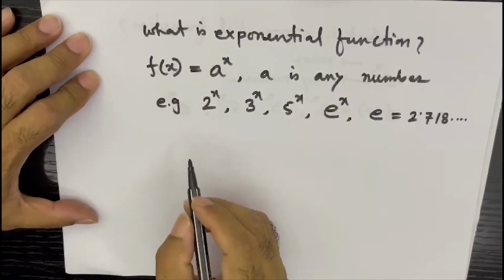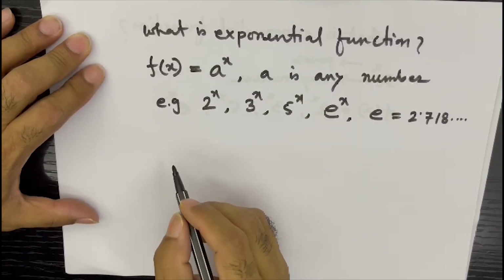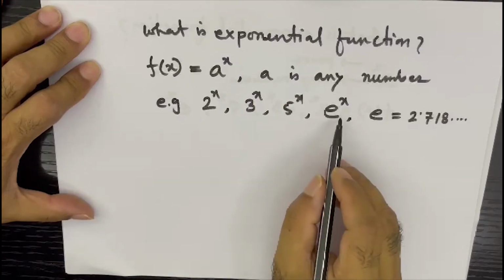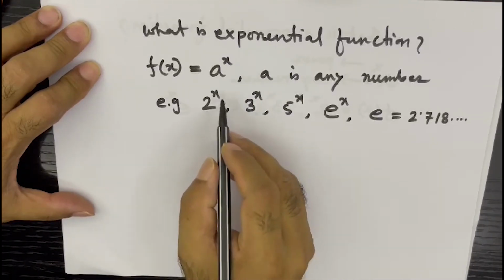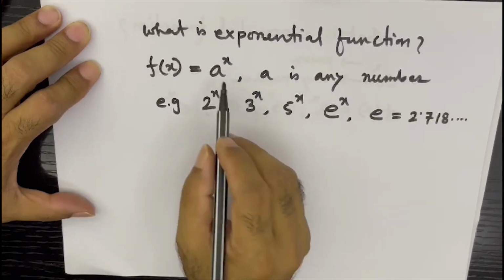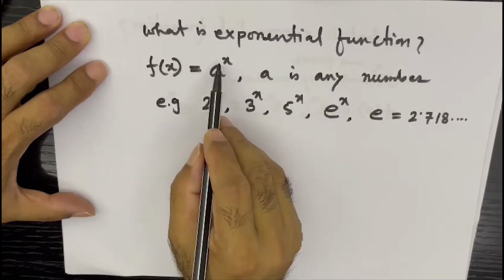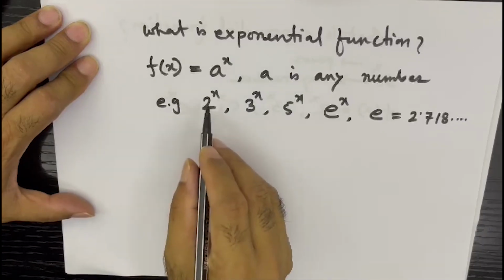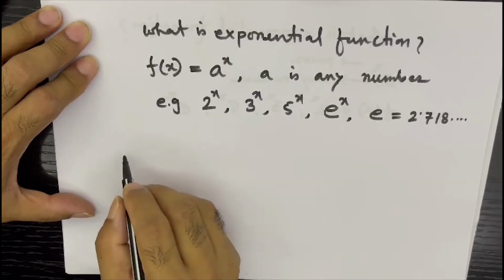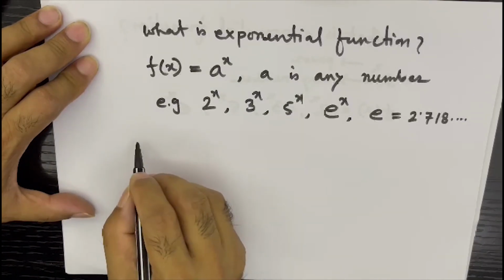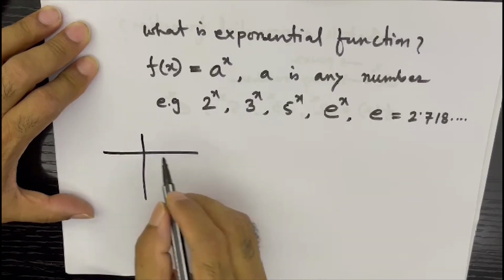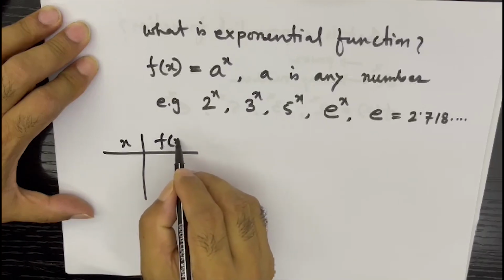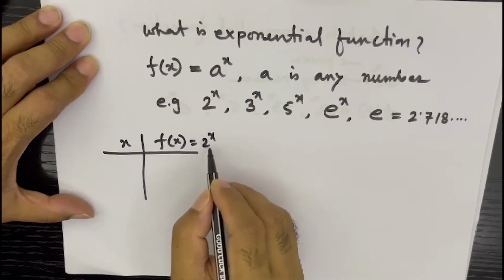To understand the graph of an exponential function, we can sketch some graphs. If the value of a is positive and x is also positive, it looks like 2 to the power x. If we plot some of the values, x and f of x equals 2 to the power x.